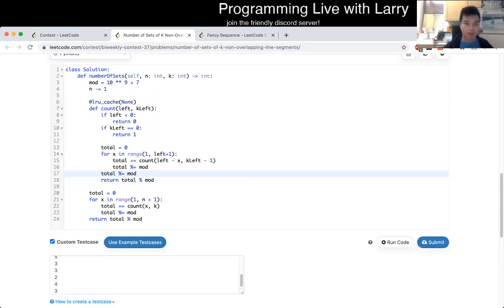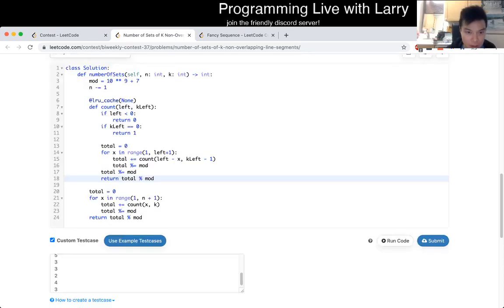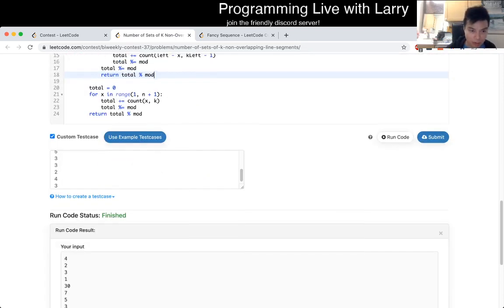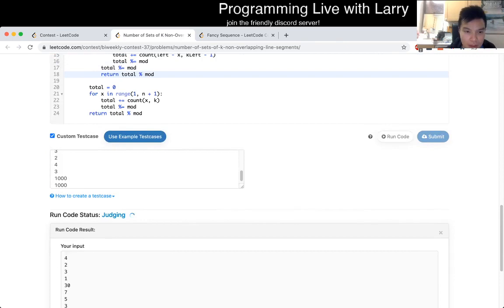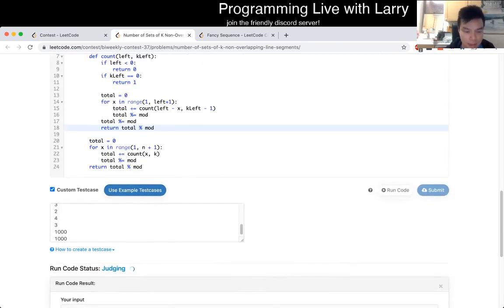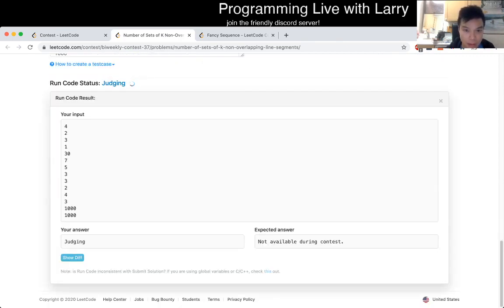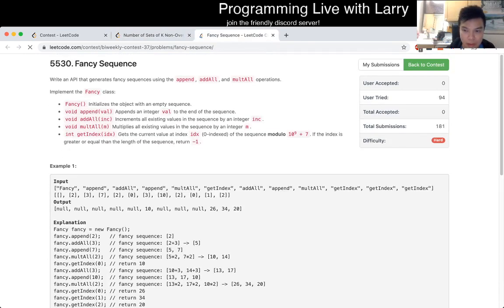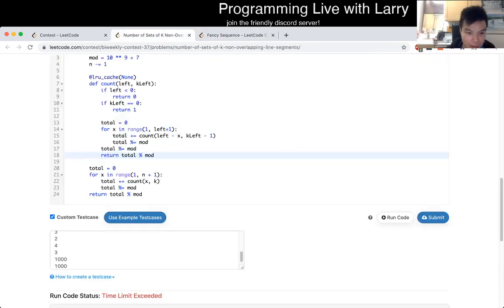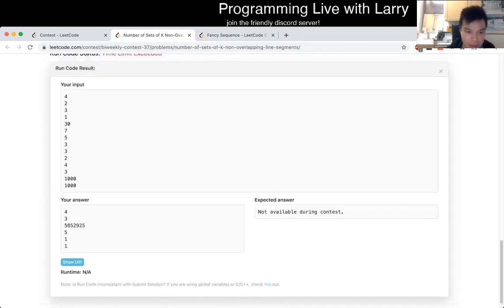I'm not even thinking right. Even if this is right, I have to think about this again. Oof. See, no one got in this one either. Wow. Okay, so I have to rethink this.